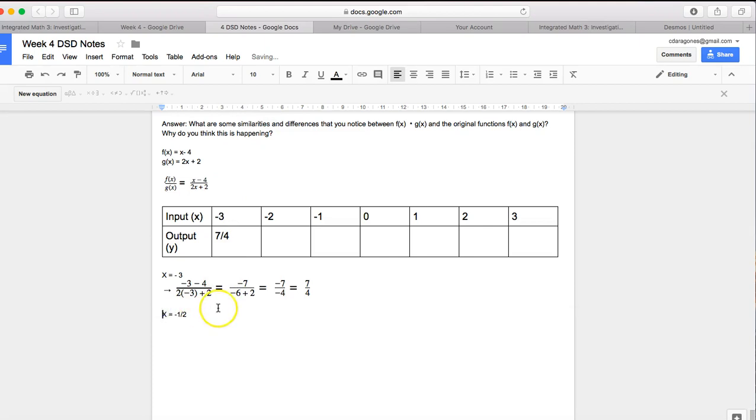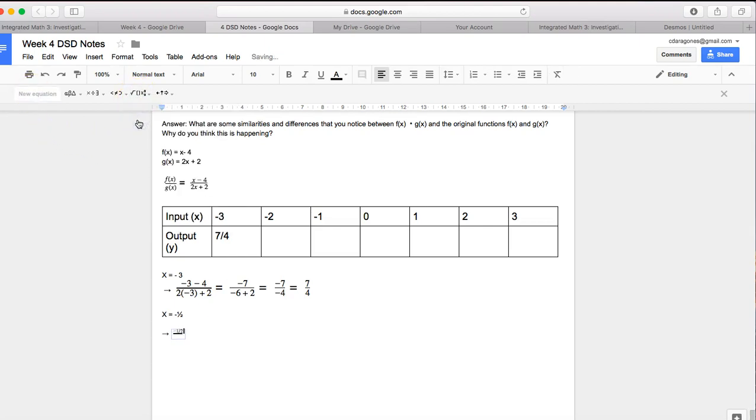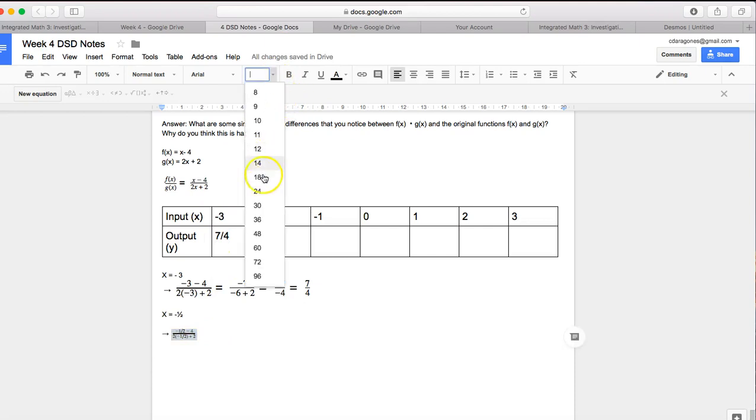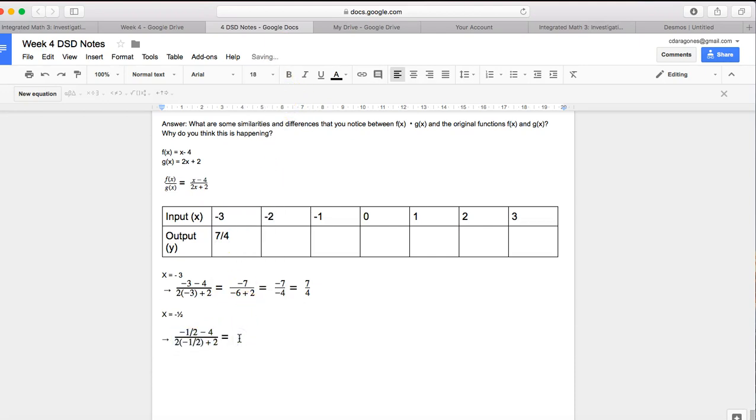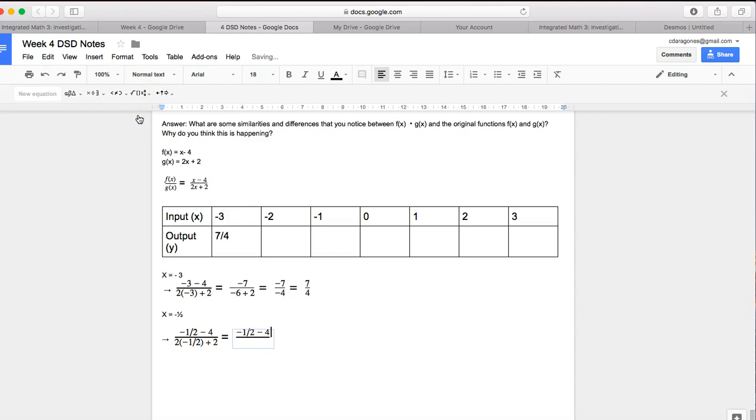okay, I'm going to go ahead and get -1/2 minus 4 divided by 2 times -1/2 plus 2. And what happens to the bottom, the denominator, is, I'll just leave it for now in the interest of time.